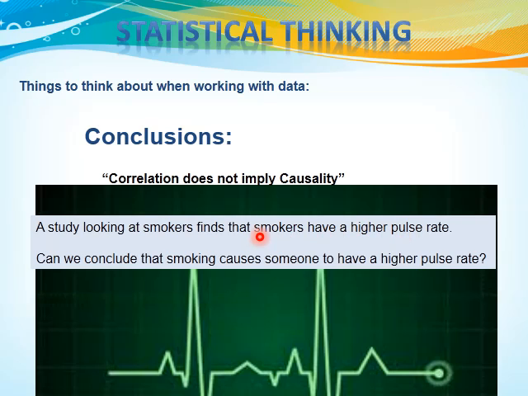Also, somebody who is more stressed will be more likely to smoke. So it may not be that the smoking actually causes the higher pulse rate. It may be the stress that is causing the person to smoke and is causing the higher pulse rate. We can't say just because these two things are correlated that one causes the other. There may be some other factor that is causing the higher pulse rate.